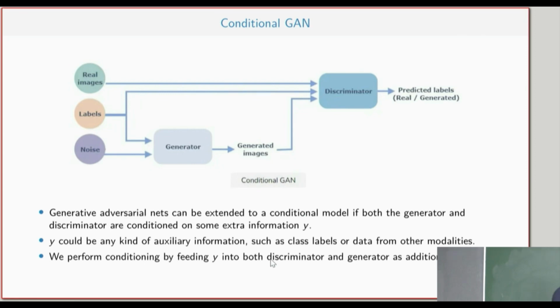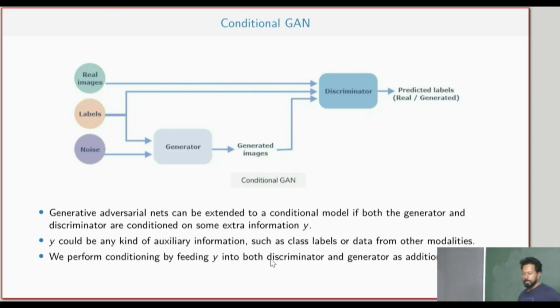So can you do conditional generation, where based on some condition it will generate something for you? That was mentioned in the original GAN paper itself as a set of future things to do. And then about 6 months after the publication of the original GAN paper, this conditional GAN paper came. And the idea there was very simple.